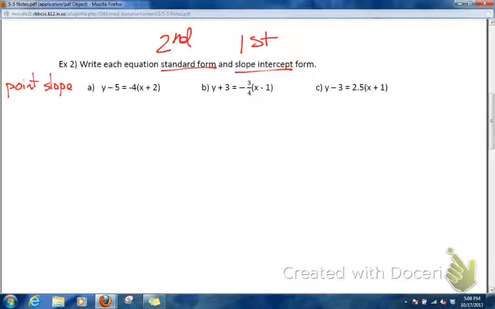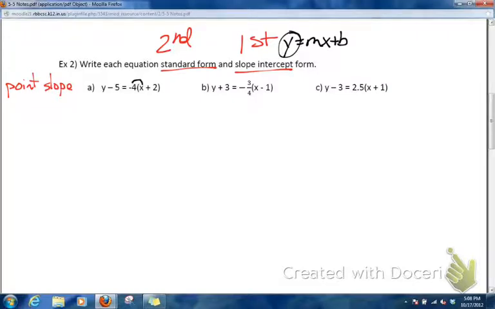And I'll show you what I mean here as we do this problem. So, since they want both forms, and I just told you that we're going to first put it into slope-intercept form, we know that slope-intercept form is y equals mx plus b. So all you need to be doing in this problem is solving the equation for y.